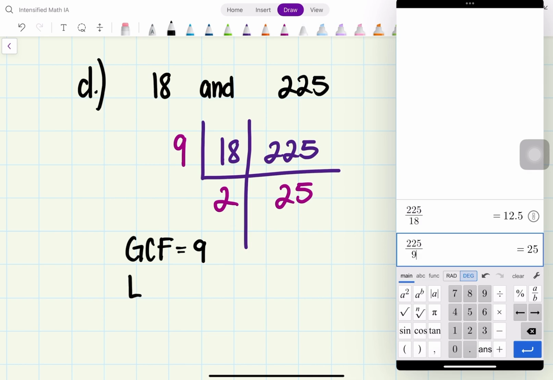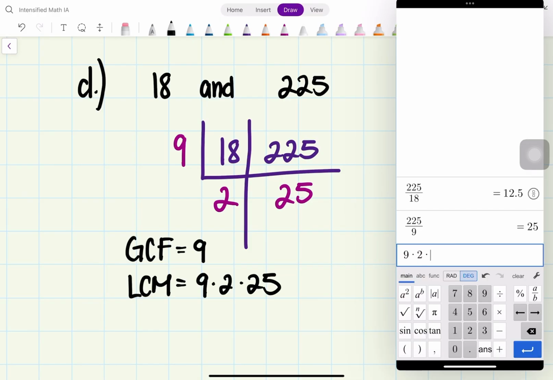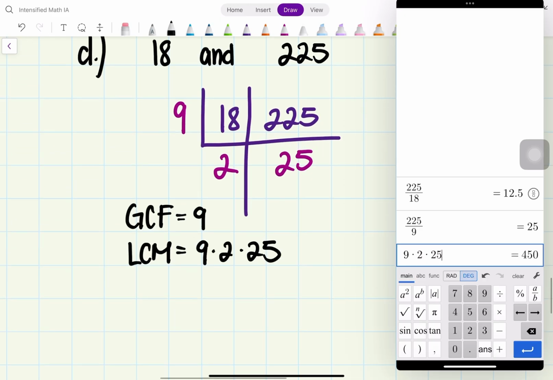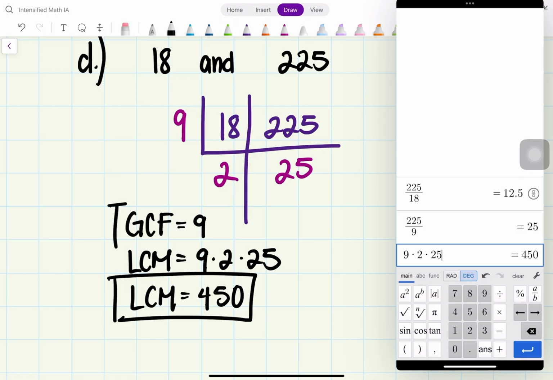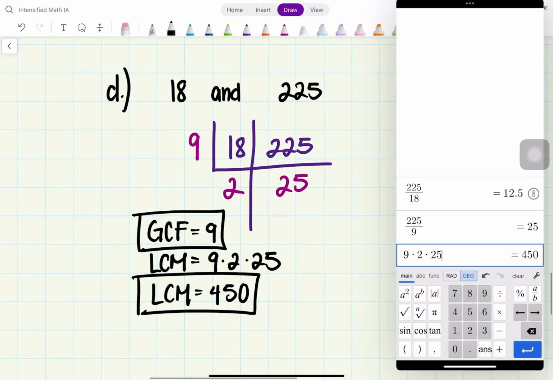And then the LCM should be the GCF times the remainder, which is 2 and 25. So 9 times 2 times 25, which should give us 450. So both of these numbers are going to end up multiplying to 450, which is going to be the smallest number they multiply to.